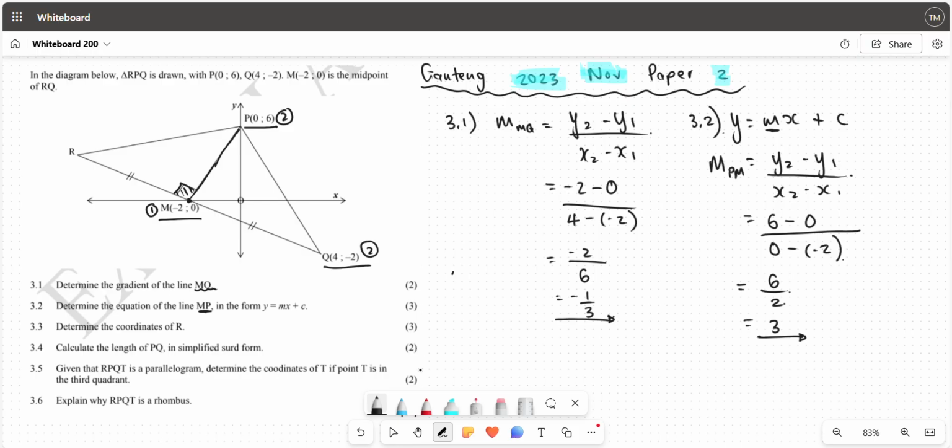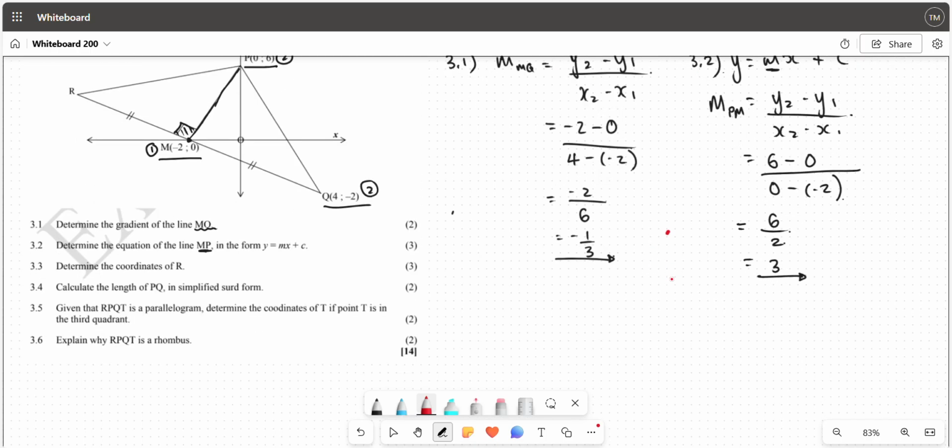And for interest's sake, I didn't actually need to calculate that. What do I mean? I could have calculated it in a different way. I could have used my knowledge of saying, I see that those lines are perpendicular to each other. So I'm going to use this formula that says m1 times m2 will give me negative 1. If I times those two gradients of perpendicular lines, I will get negative 1.